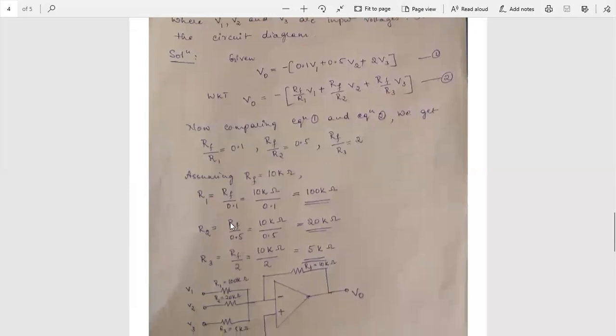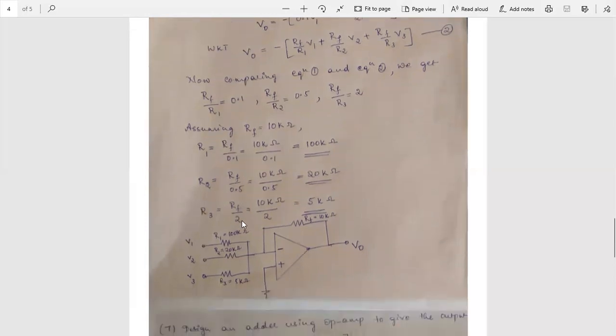Similarly, R2 is equal to Rf by 0.5, which is 10 kilo ohm by 0.5, equal to 20 kilo ohm, and then R3 is equal to Rf by 2. So 10 kilo ohm by 2 is equal to 5 kilo ohm. So now here this is a summing amplifier circuit with the three input voltages V1, V2, V3.